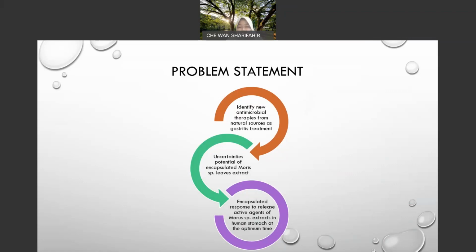And the last one, we try to learn the relationship of the encapsulated Morus species extract with the target bacteria, analyzing phytochemical activity against antimicrobial activity.